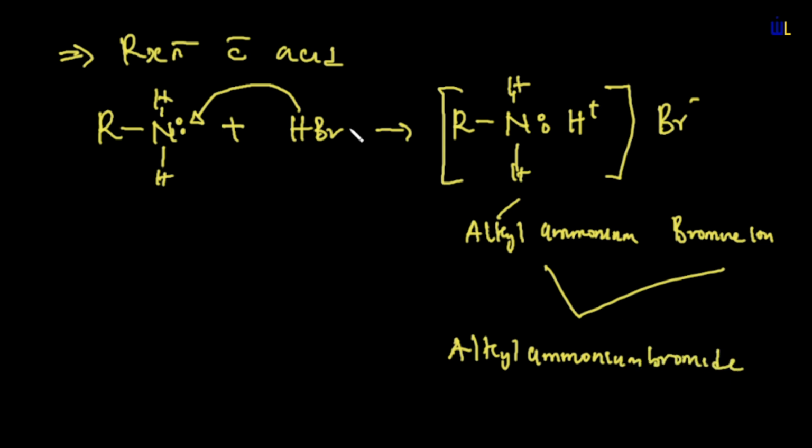So which means if this was chlorine, it will become an alkyl ammonium chloride, and so on and so forth. Now this particular reaction is supposed to happen for both primary, secondary and tertiary amines.